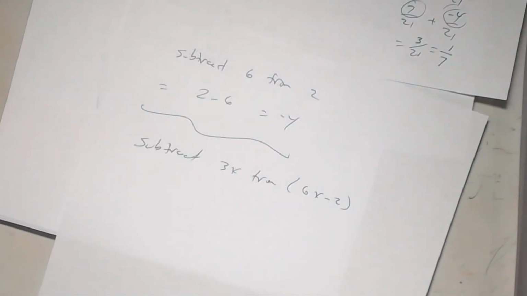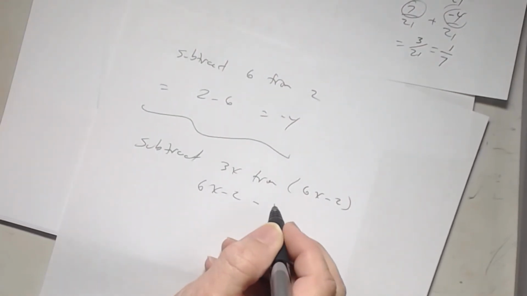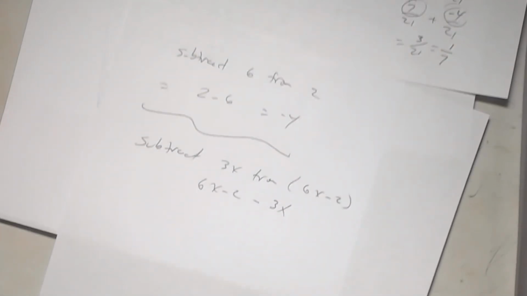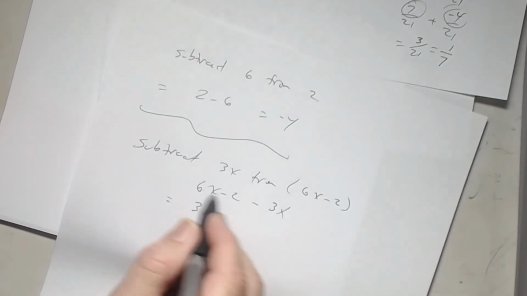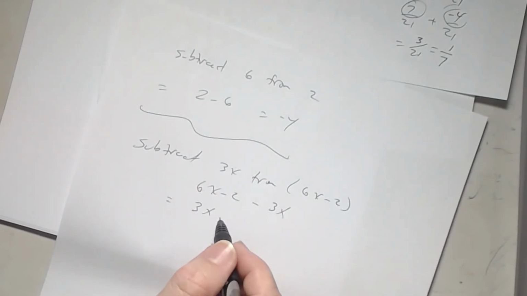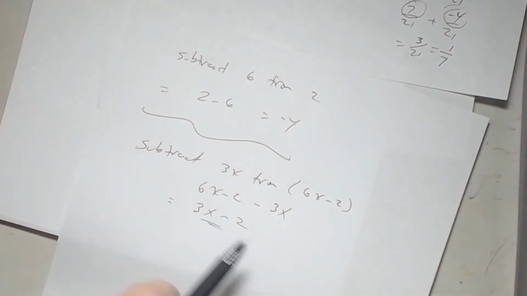So do I put 3x first or do I put that other polynomial first? The other polynomial first. So this is going to become 6x minus 2 and then subtract 3x. And then you combine like terms. What would be the answer? Yeah, because 6x minus 3x is 3x, and so it's 3x minus 2. So that's what we're going to talk about next time. Okay? All right, so that's going to take care of this part.